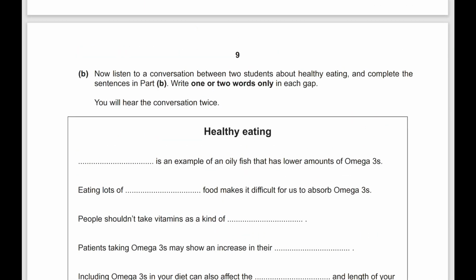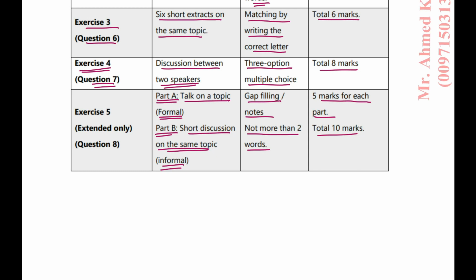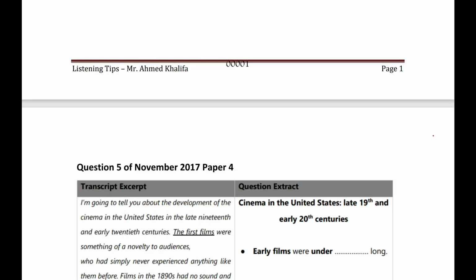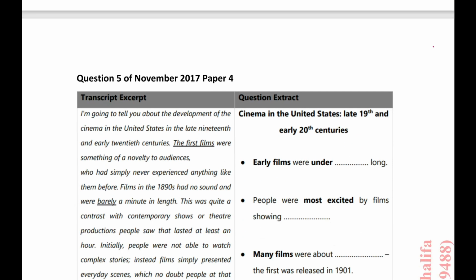So we have had a look now at the components of the listening exam, okay? Now, let us go to some techniques that you, my students, will use in handling and coping with the exam.